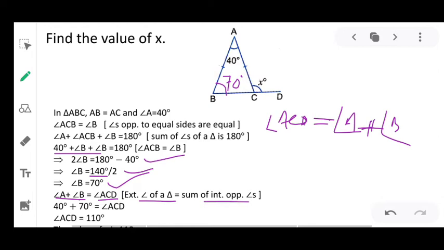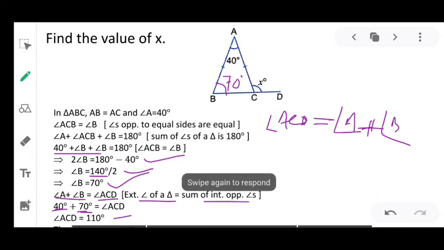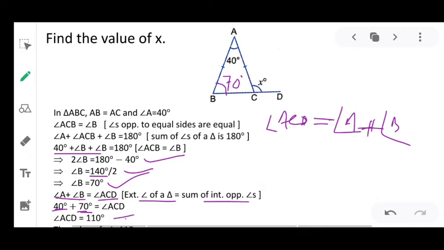So if angle A is 40 degrees and angle B is 70 degrees, then 40 degrees plus 70 degrees is 110 degrees. That is the value of angle ACD. So X will be 110.